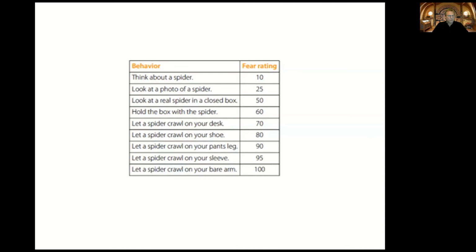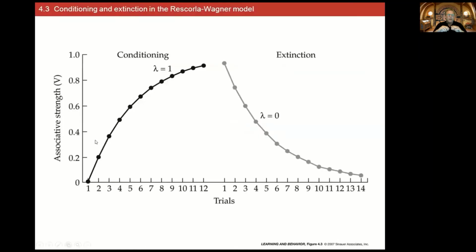This is useful for many, many different kinds of things, because what we're doing is we're using the Rescorla-Wagner model. Remember, when we use the Rescorla-Wagner model, it describes how much we can condition. In this case, Little Albert had the rat paired with a noise, first time, second time, third, fourth, fifth, sixth time, until he was good and afraid of that rat, and the presentation of the rat made him afraid.